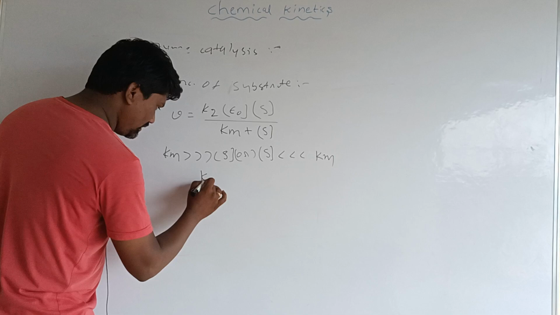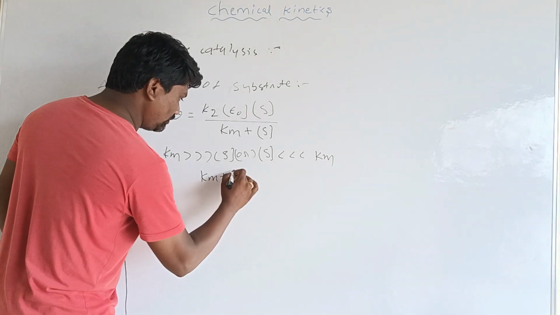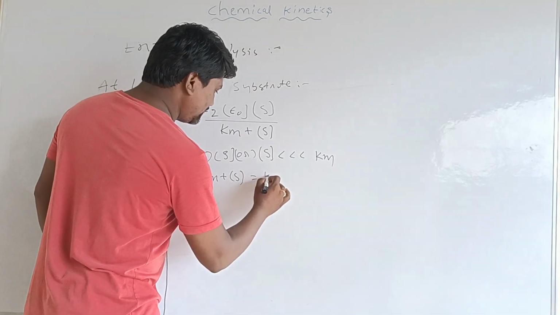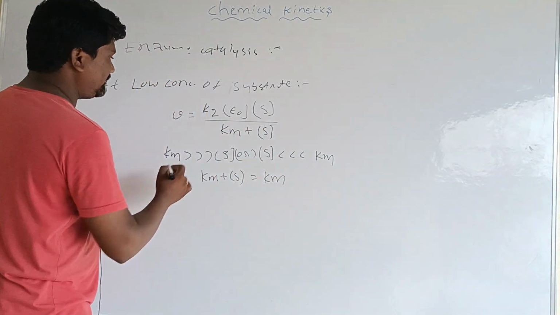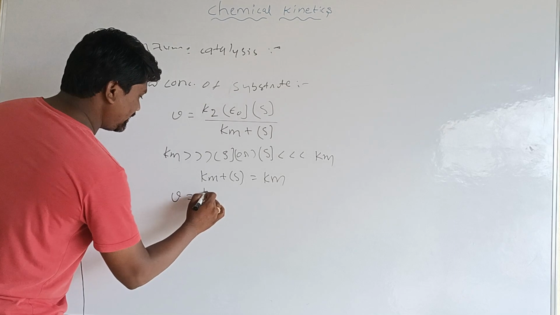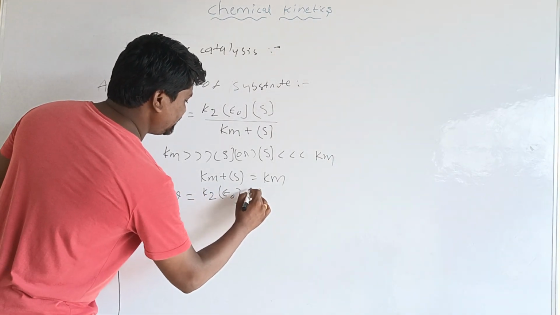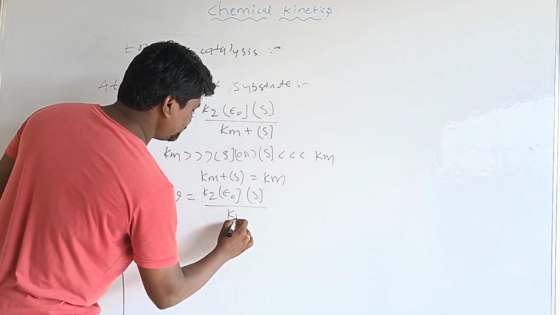Then Km plus S is equal to what? Km. Then we have to write mu is equal to K2 into E naught into substrate by Km.